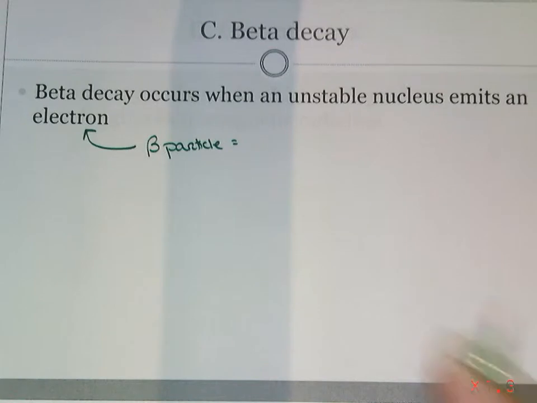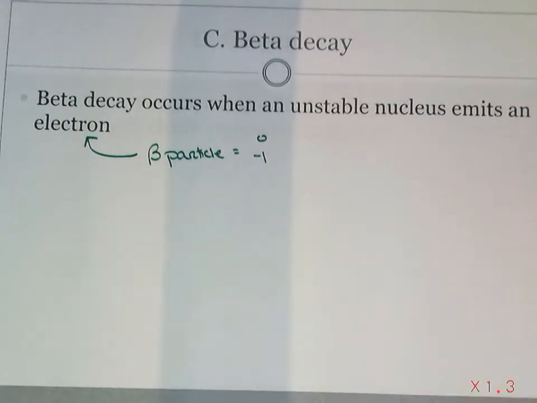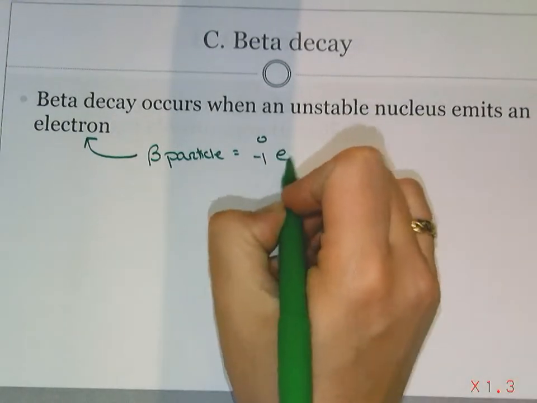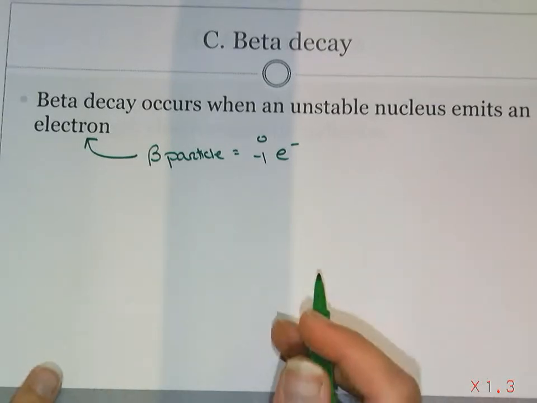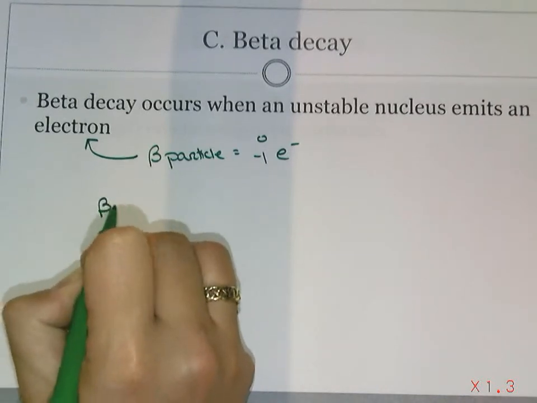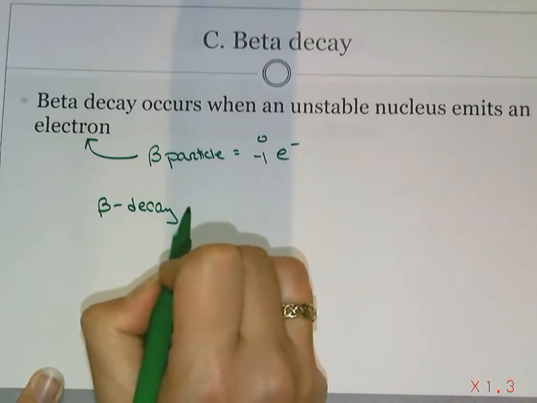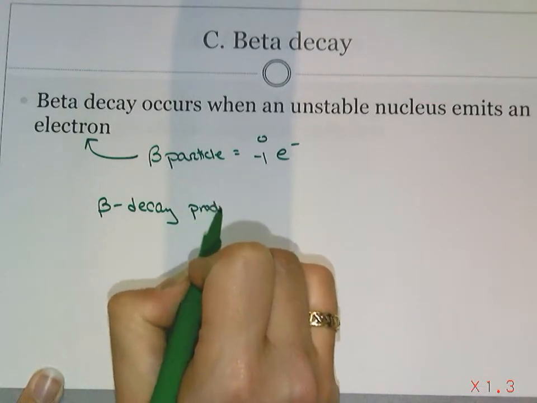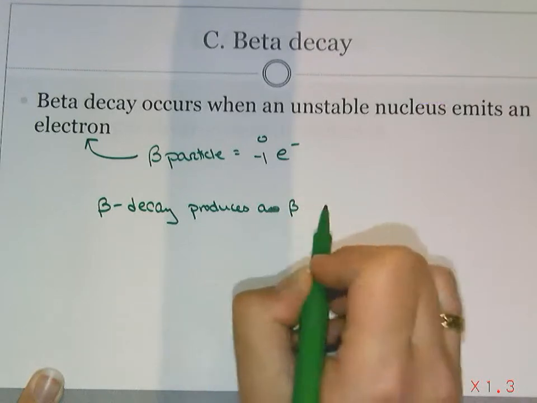We talked about this, I guess, Wednesday. And then we give it an atomic number of -1. To say that's the opposite. So beta decay produces a beta particle.